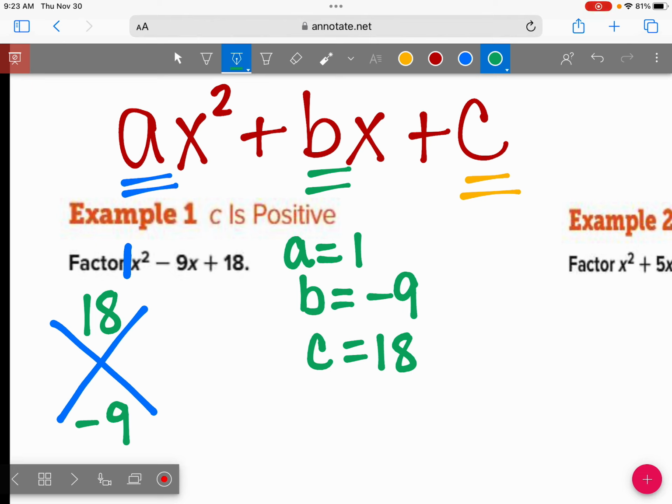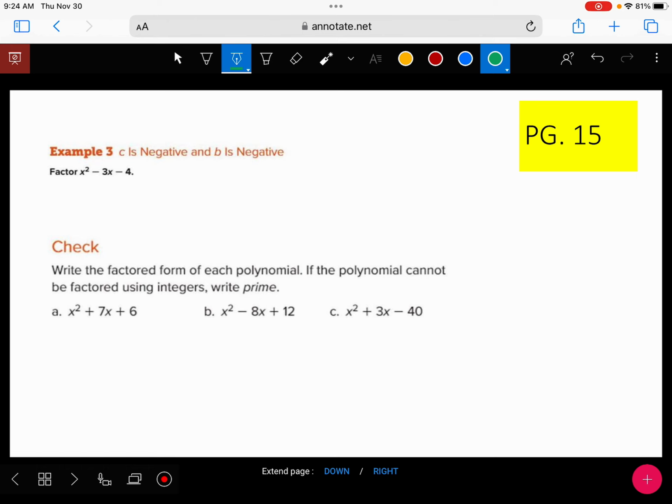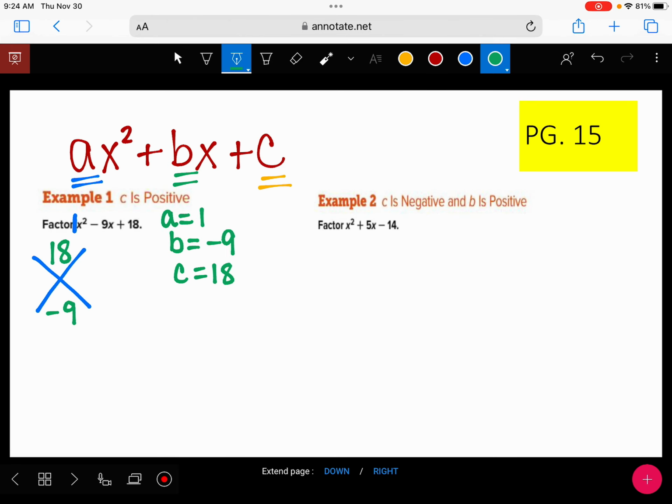So take a few minutes and try to find those two numbers.